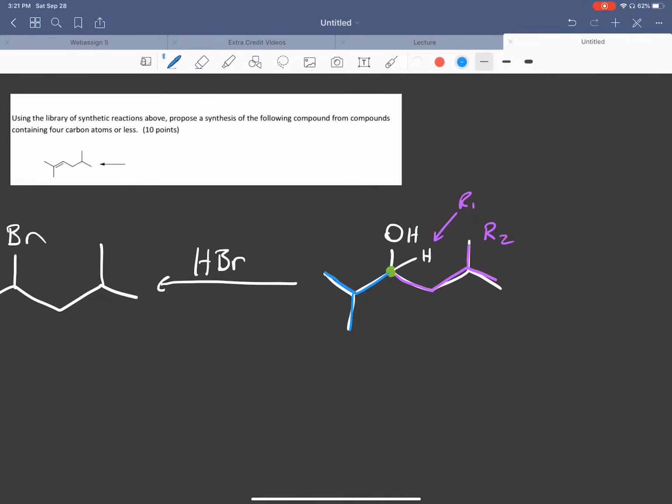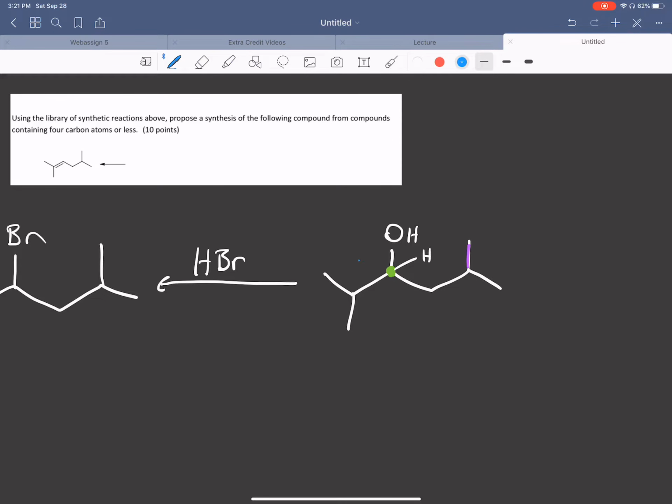Now it doesn't matter which carbon chain you picked; it doesn't really matter. And so all we do, and I'm going to just erase this just so we can see it better, is you pick one of the bonds coming off of this green carbon that the OH is on.